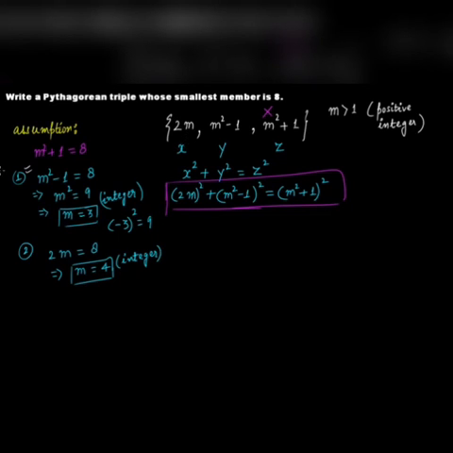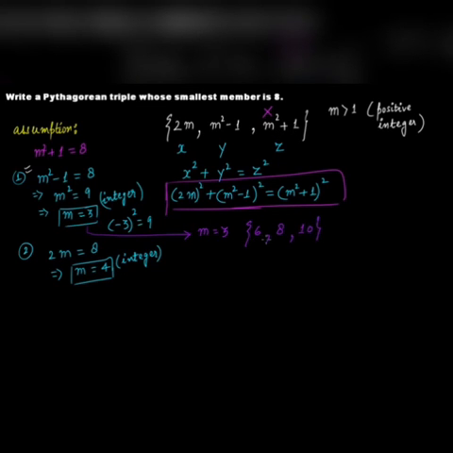Now, let's take m equal to 3. If you take m equal to 3 and find these values, 2m means 6, then 3 squared is 9, minus 1 is 8, and then 3 squared, 9 plus 1 is 10.